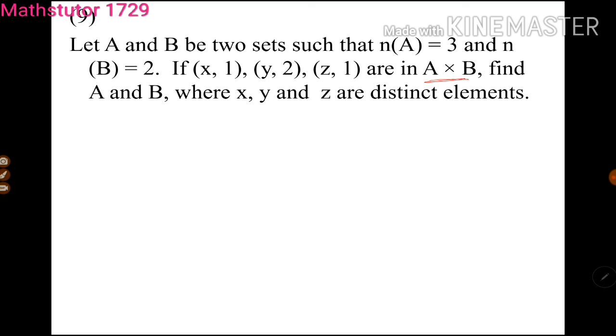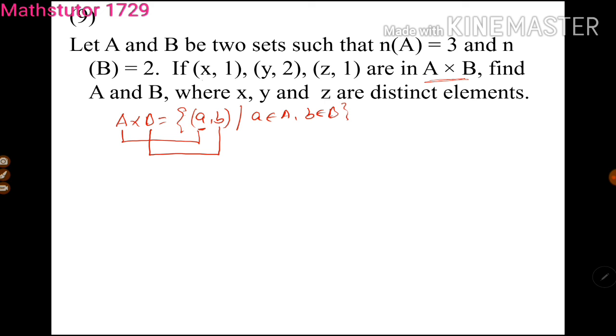By the definition, A cross B is the collection of all ordered pairs (a, b) such that a belongs to A and b belongs to B. Here we have to notice that a should come from set A and b should come from set B. So the first components are elements of set A and the second components are elements of set B.